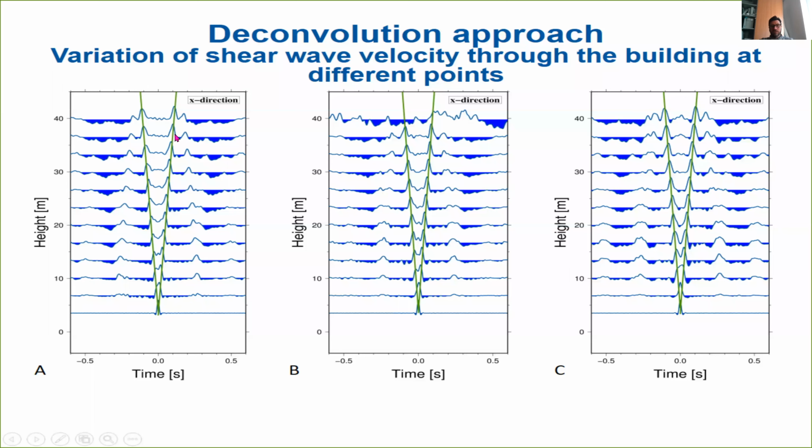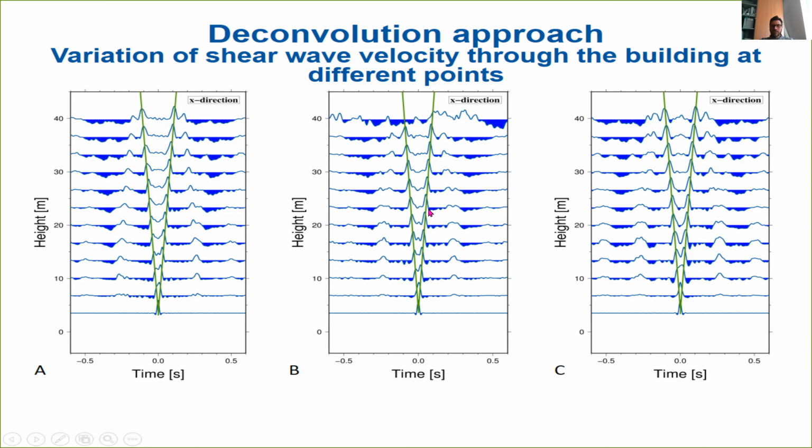Okay, this is a similar kind of analysis where, depending on the points, you can also see different propagation of the wave velocity. The propagation from the bottom to the top takes a bit more time in the X direction than in the Y direction.